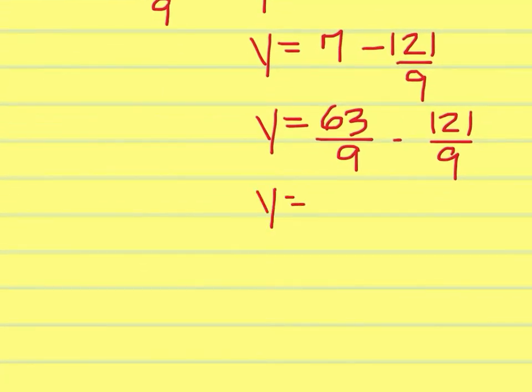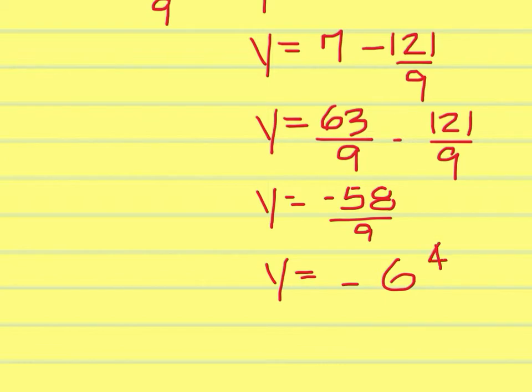So 63 minus 121 comes back to be a negative 58, and that's over 9. Change it to a mixed number. 9 will go into 58 6 times, which is 54, and you'll have 4 left over.